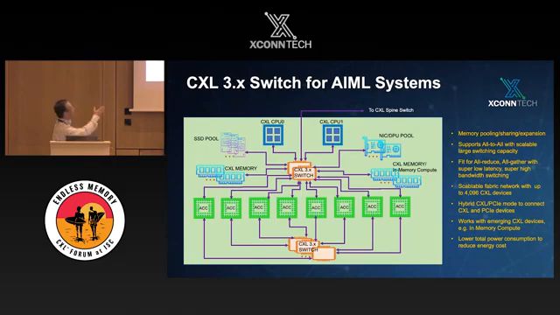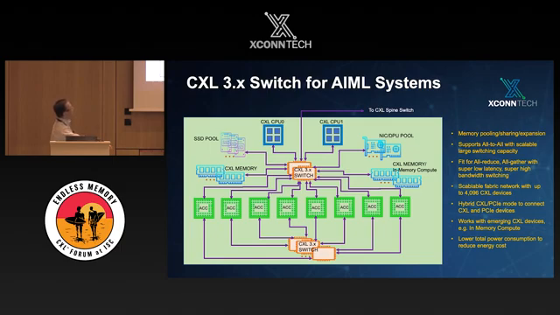Anybody familiar with this picture can probably recognize that it is similar to what a lot of AI computing platforms use right now. There are a number of accelerators, CPUs, memory devices, storage devices, and NIC cards, all connected. However, it's a little bit different, right?